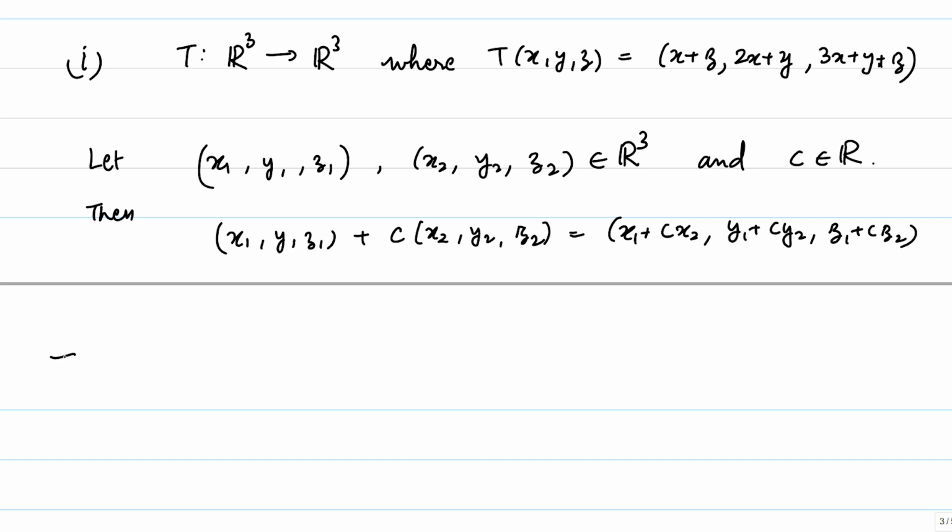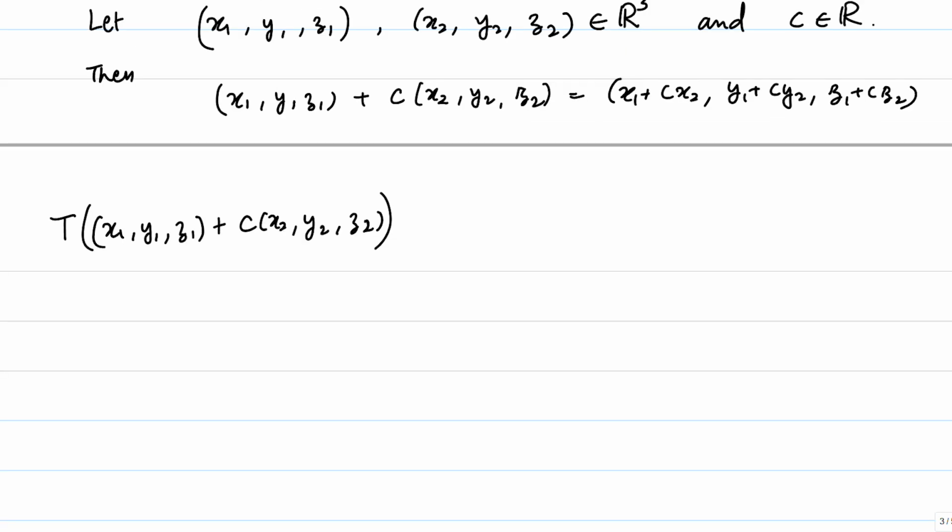So hence T of (x1, y1, z1) plus c times (x2, y2, z2), by this observation, is just equal to T of (x1 plus c x2, y1 plus c y2, z1 plus c z2).